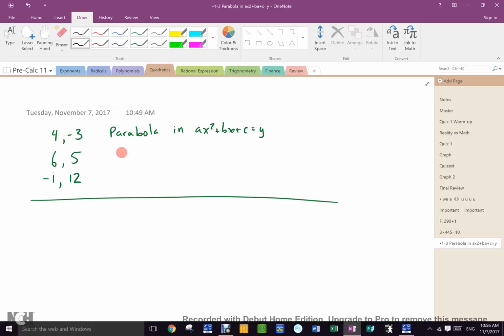Deal? Scouts honor? You're all liars. You're going to slide the slider right up to the end.